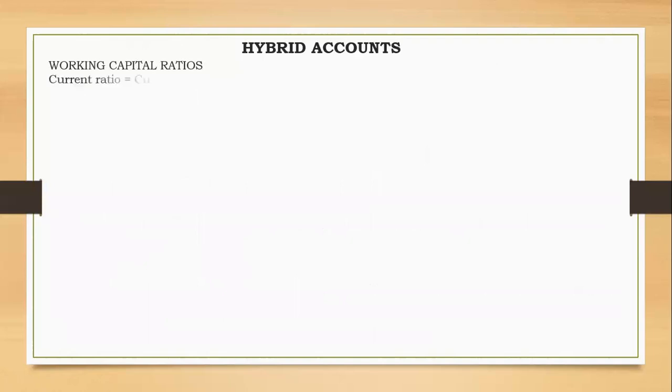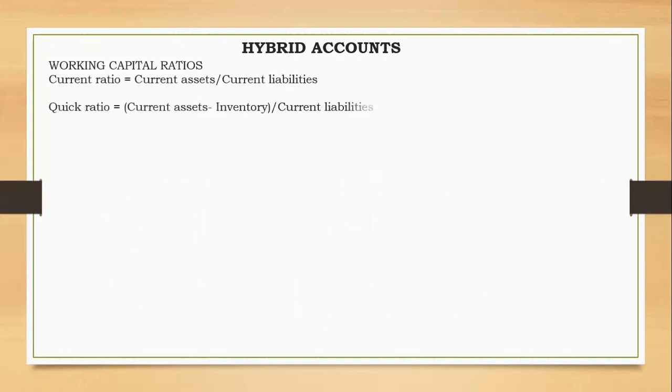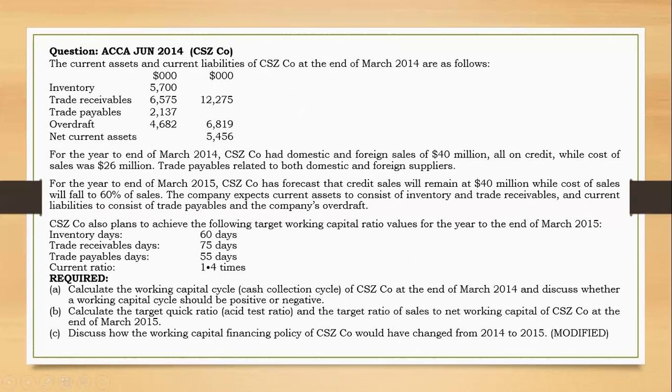We know that this is the formula for current ratio. I hope you know the formula for current ratios. Quick ratio, this is the formula for quick ratio: current assets minus inventory over current liabilities. And that is what we are required to do right now. So that should be our sole focus.